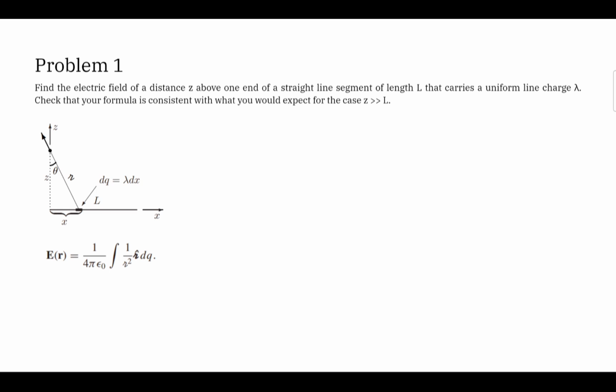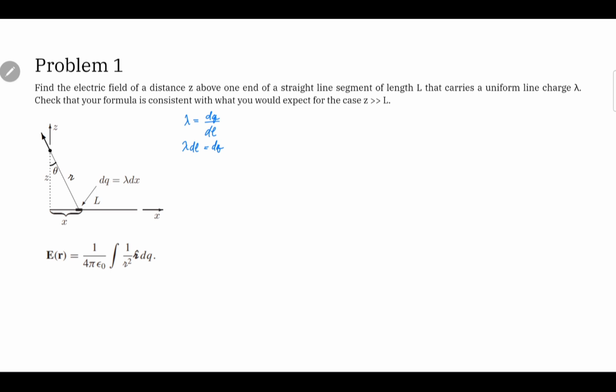So we're going to start with our linear charge distribution. We're given our linear charge density lambda, which, as you recall, is dq over dl. We can transpose dl to one side and turn it into lambda dl equals dq.